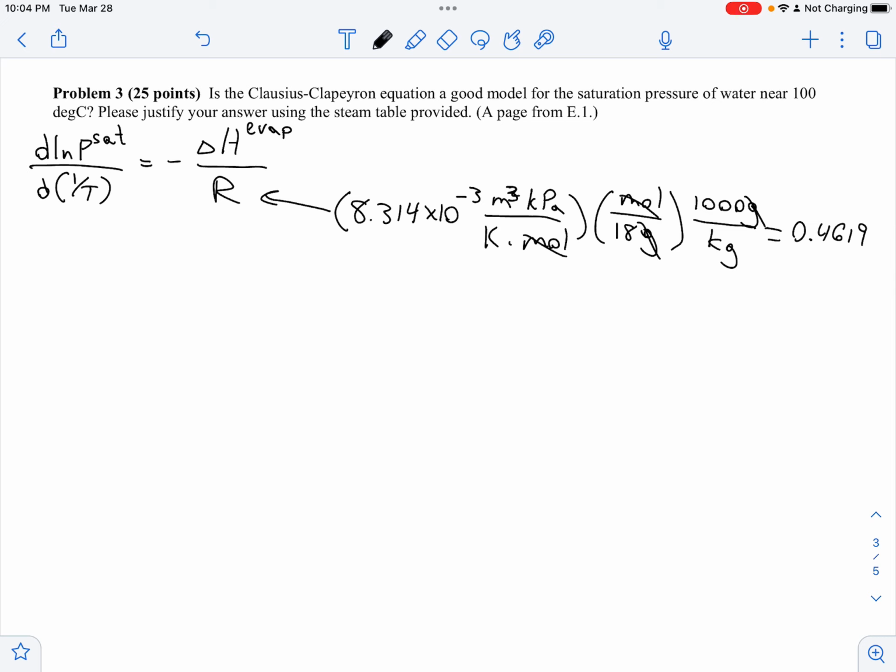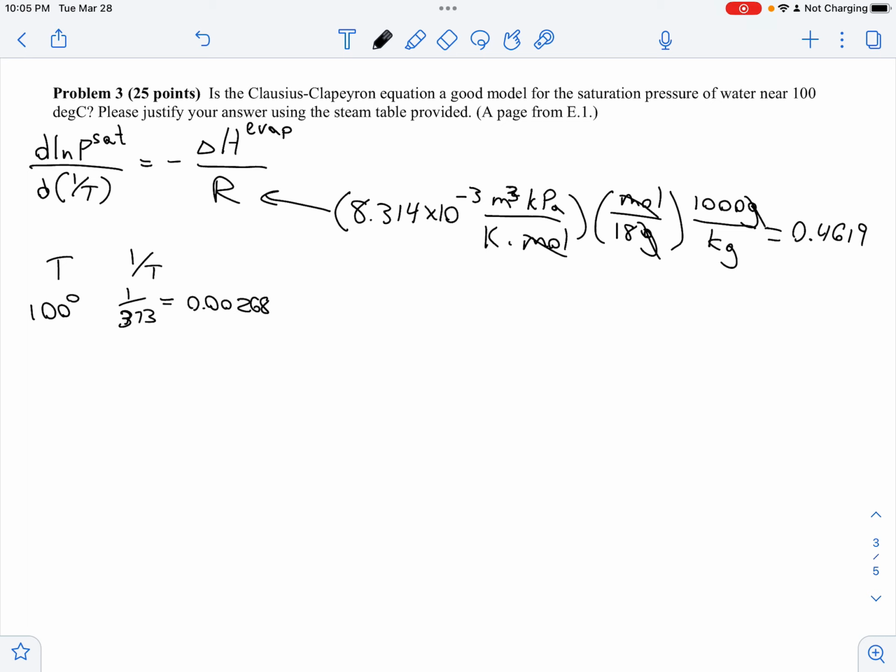Okay, I'll make a little table for the values that I would want to test the Clapeyron equation in the vicinity of 100 degrees C. So temperature, 100 degrees C. We're also going to want 1 over T in Kelvin, so that's 1 over 373, which is 273 plus 100, is 0.00268.